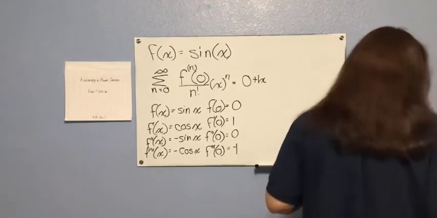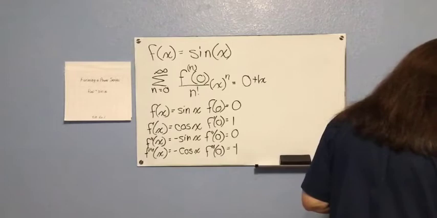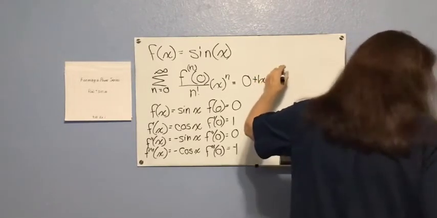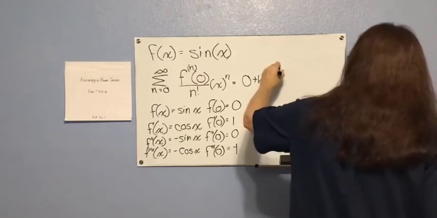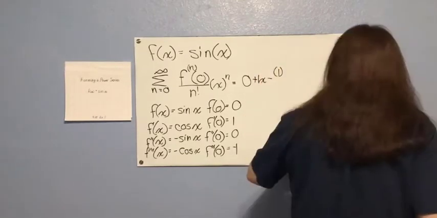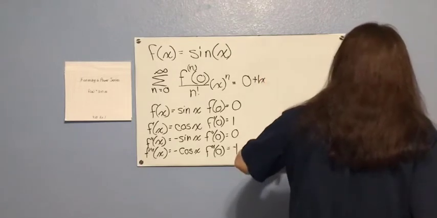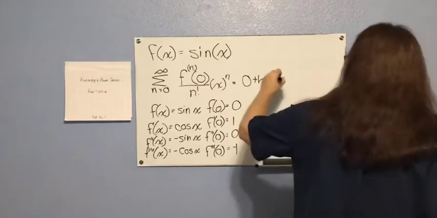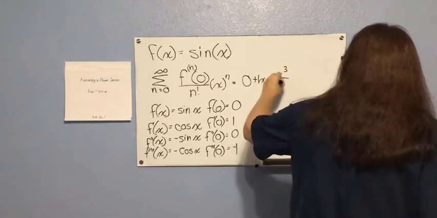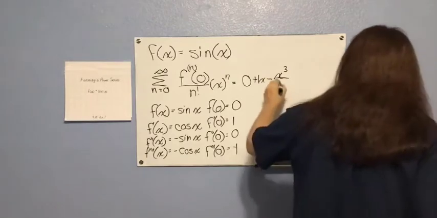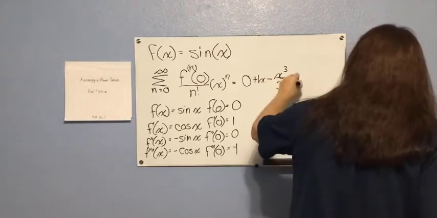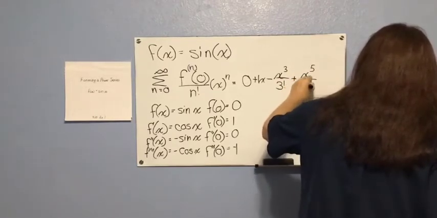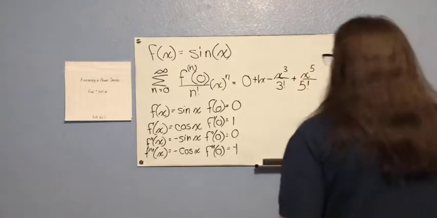Well, that 0 in the numerator is going to cancel that term out, so I don't really even need it. Now I'm going to have negative x cubed over 3 factorial plus x to the 5th over 5 factorial, and so on.